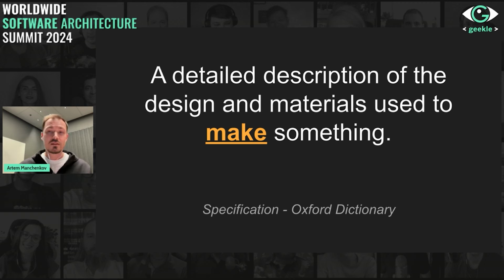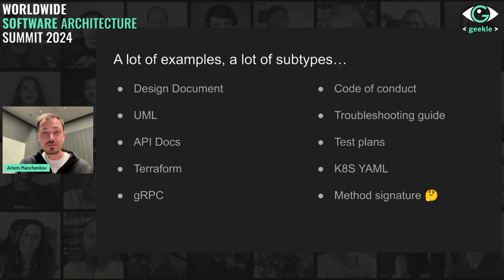With this being said, we can finally move forward and check the specification examples in the real world that we can use for development. There are several types and even subtypes of them. For example, we have functional specifications or process specifications, which you can see right now on the left and right side of the slide correspondingly.